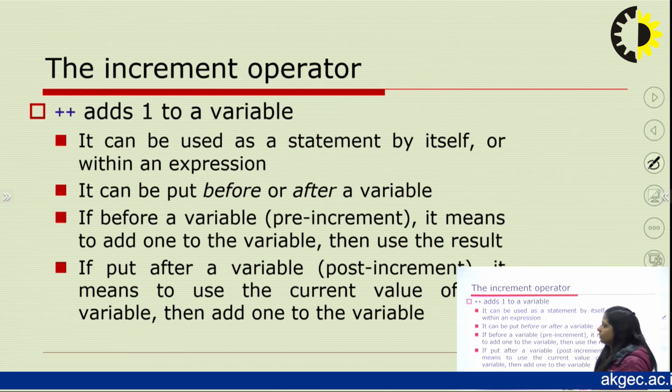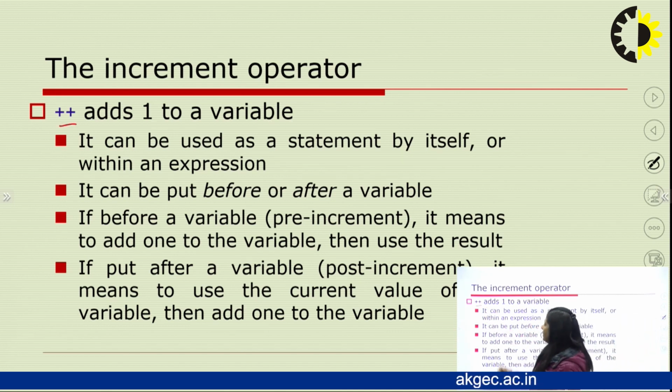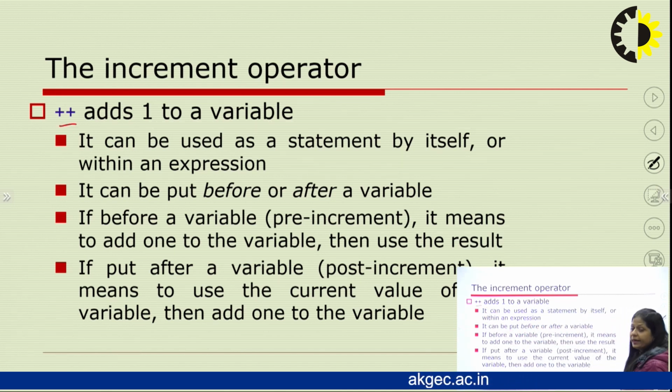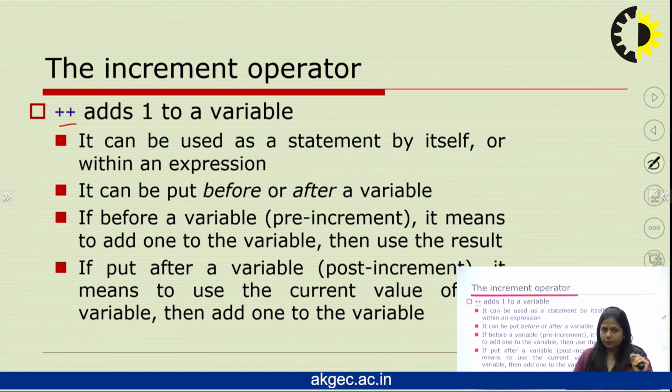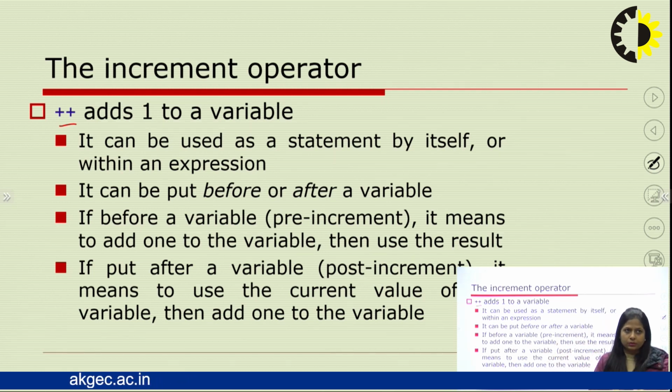So now we'll see what increment and decrement operators are, as we have seen the use of the increment operator in the previous slide. When we write a single plus, it is the addition operator that simply adds two numbers. But when we write a double plus sign, that is the increment operator, which adds 1 to a variable.